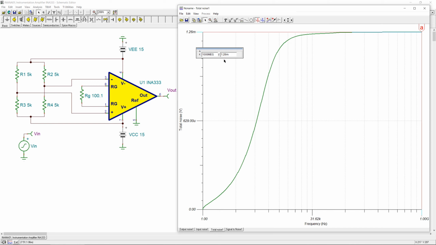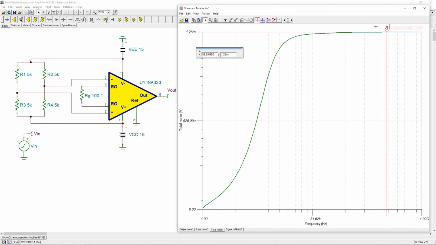We have of course discussed this. We had approximately 1.19, so approximately 1.2 millivolts RMS, so that was an error of approximately 5.5%, which is perfectly fine for noise calculations and comparison in the simulation and calculations.